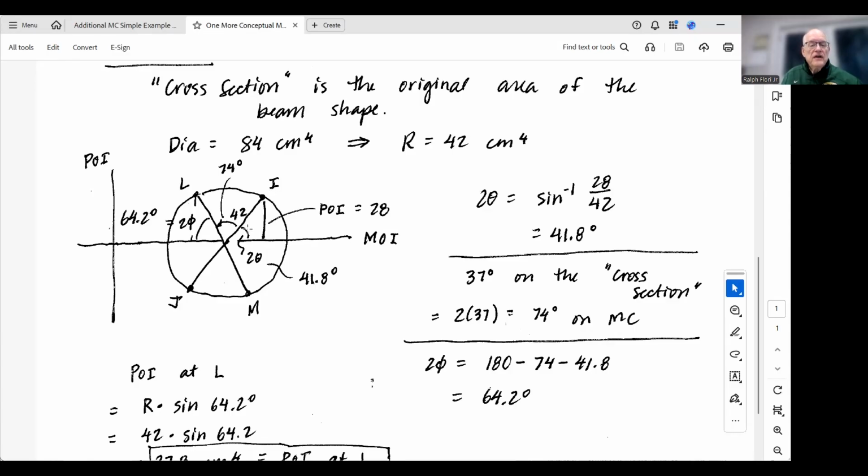And so the sine of 2 theta is equal to 28 divided by 42, or 2 theta is equal to the inverse sine of 28 over 42. So 2 theta here is 41.8 degrees. And that's on Mohr's circle.